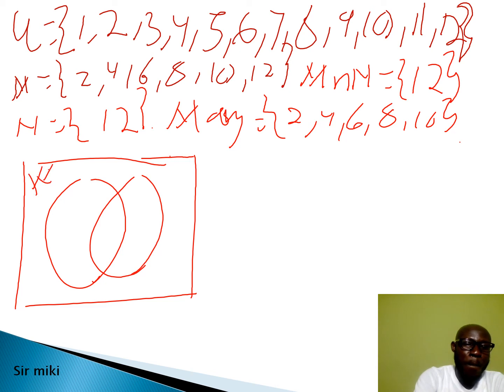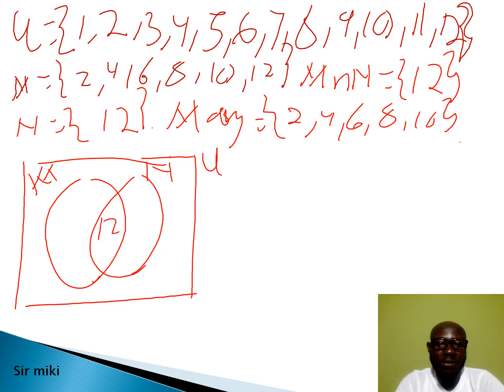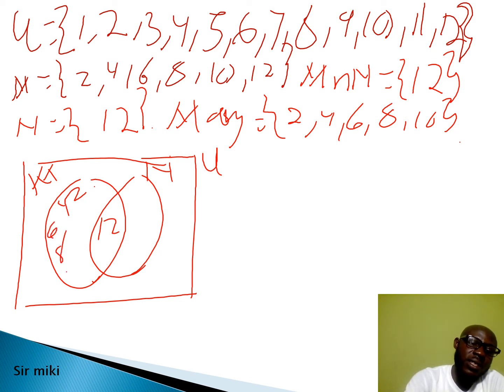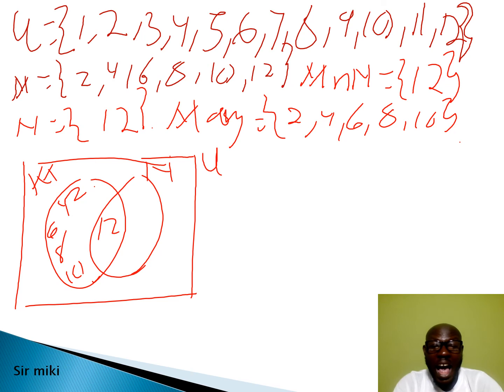So we have M, we have N, we have U. The intersection gave us 12. Now region 1 explains M only. So M only, these are the elements we are going to see over there. Because 12 is taken out of M, the elements that will be left are 2, 4, 6, 8, 10. As for N, nothing was left.